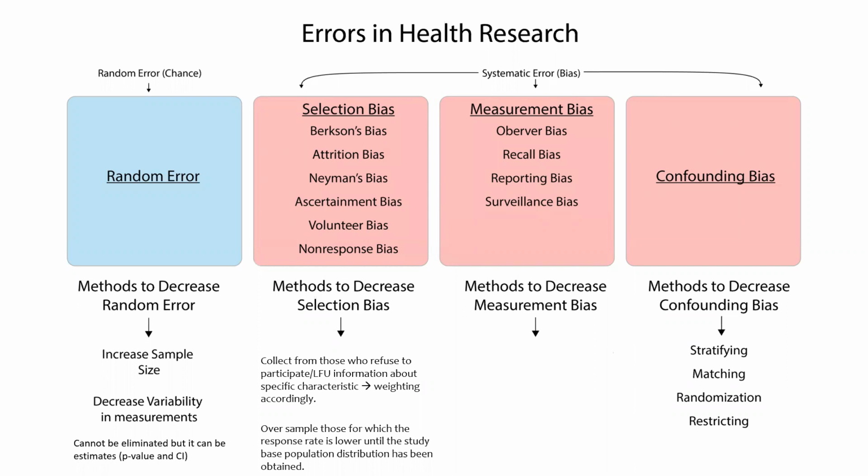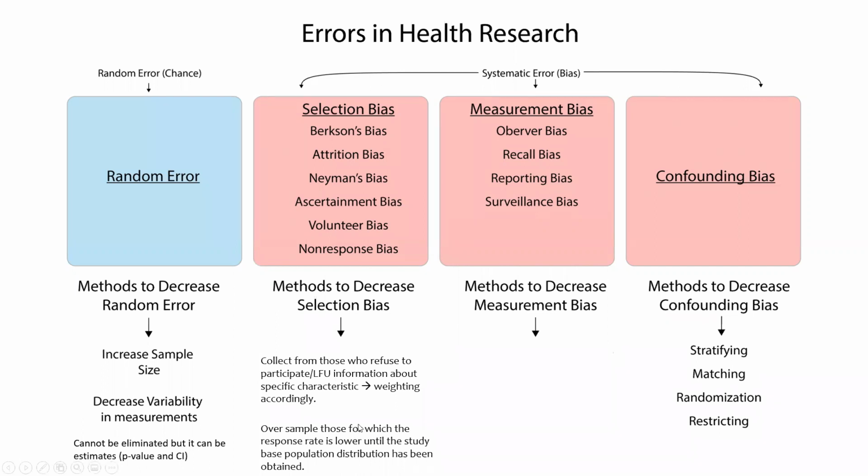So I try to oversample to have enough variability in my sample. But this is not about the absolute number. It's about having enough of private and public, if private and public was my exposure, let's say.